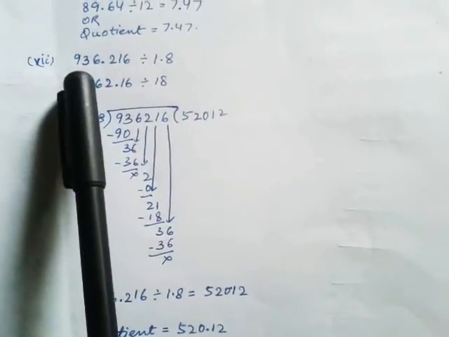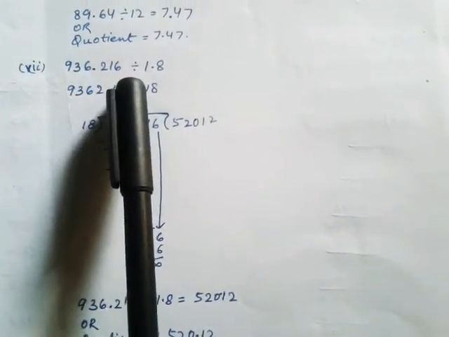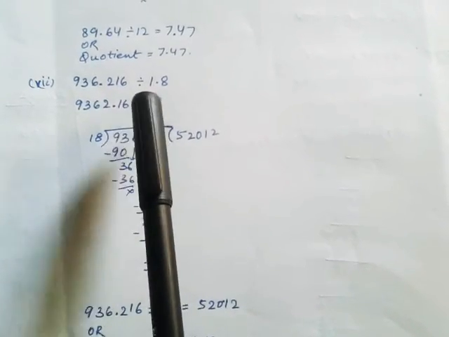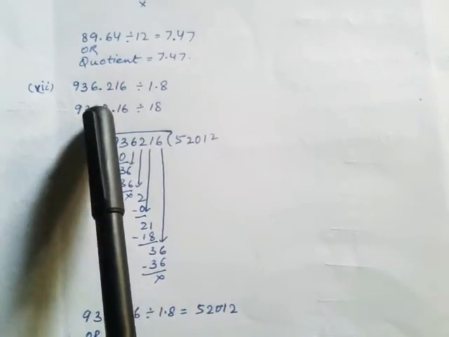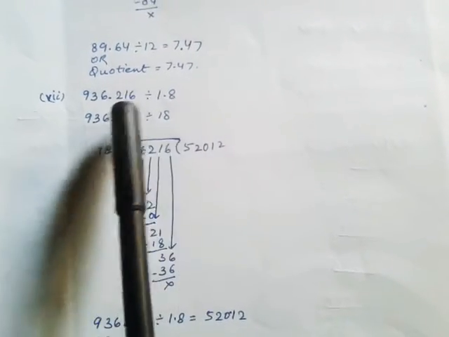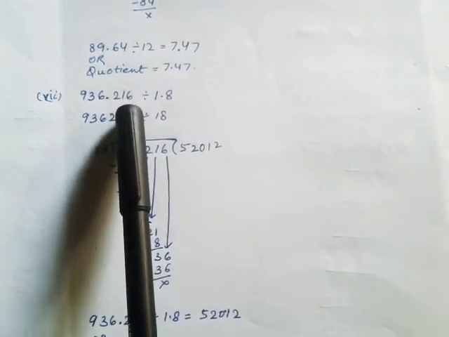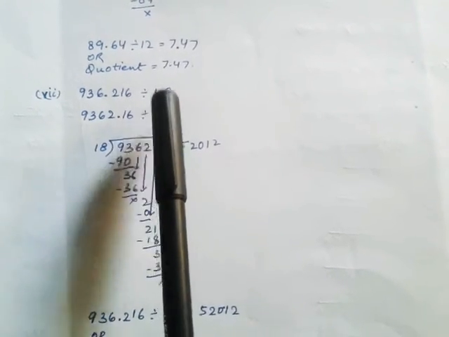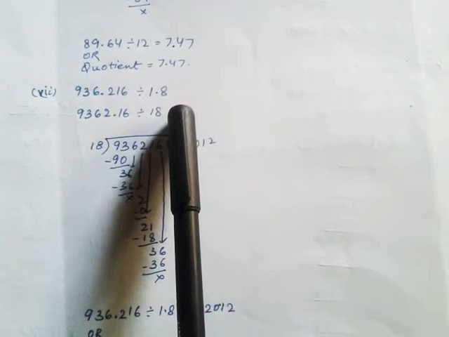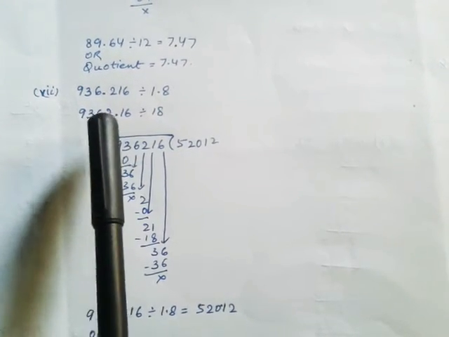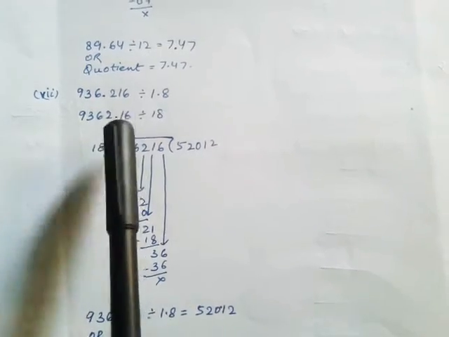In the second question, the question number 7, there is 936.216 divided by 1.8. So we make this decimal a whole number. How? We move this decimal to the right in both numbers. In one it comes between 2 and 1, and in the other it comes after 8, so it becomes 18 and 9362.16.